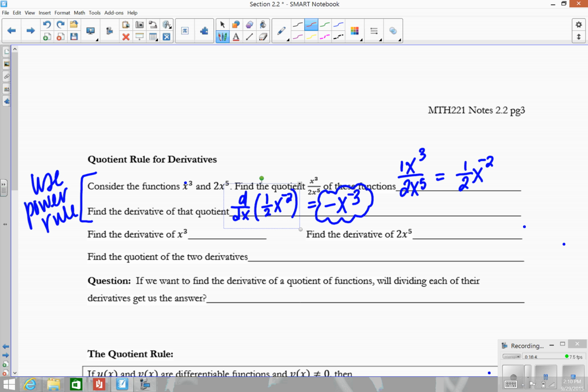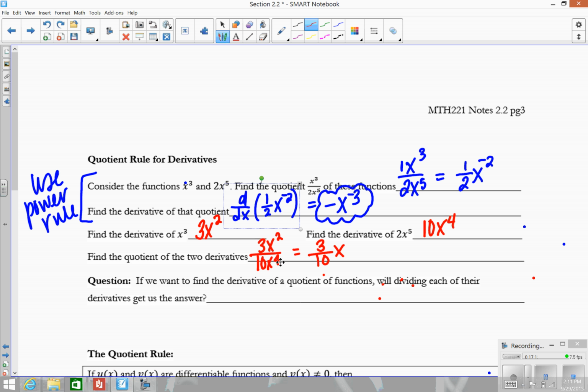Now if we switch how we did that and we find the derivative of each individual part, this would be 3x squared. This would be 10x to the fourth. And then we go ahead and we find the derivative, or we found the derivative. Now if we go ahead and find the quotient of this, let's see if we get the same thing. So 3x squared divided by 10x to the fourth. 3 over 10 isn't going to reduce, so it's just going to stay 3 over 10.